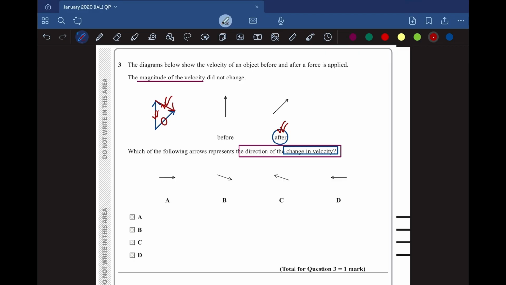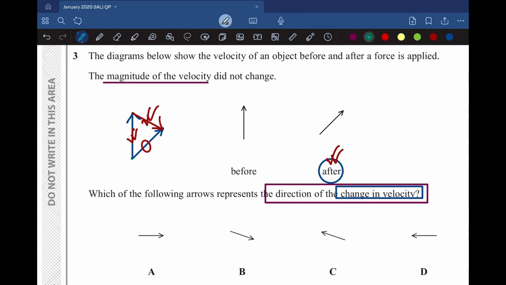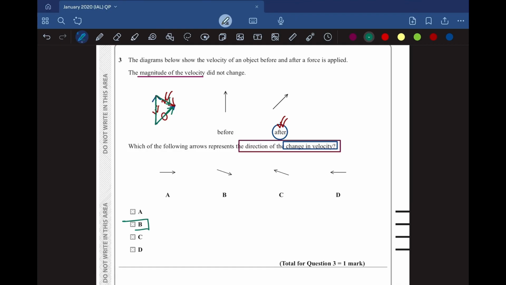By looking at the arrows you can see it was moving in this direction and then coming in this direction, and then it was our resultant. So basically our correct answer will be answer B, because B is exactly the way our change in direction looks. Hopefully you guys have understood it completely.